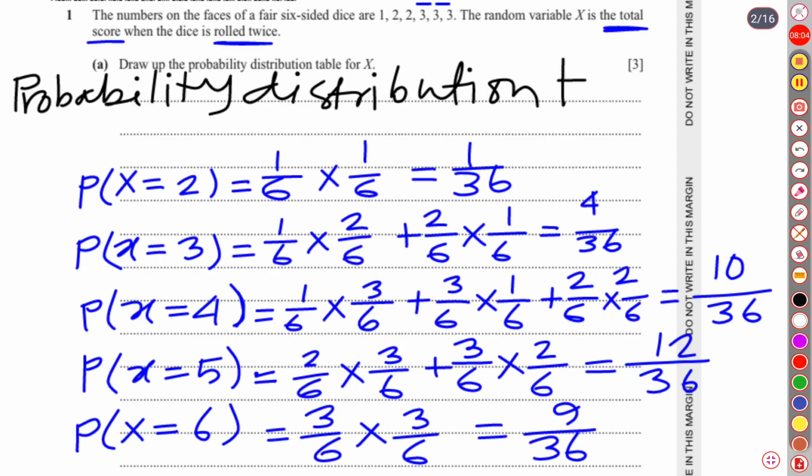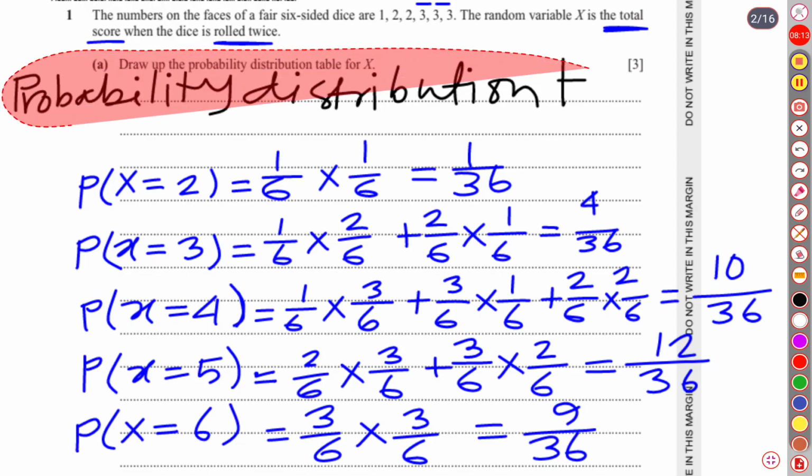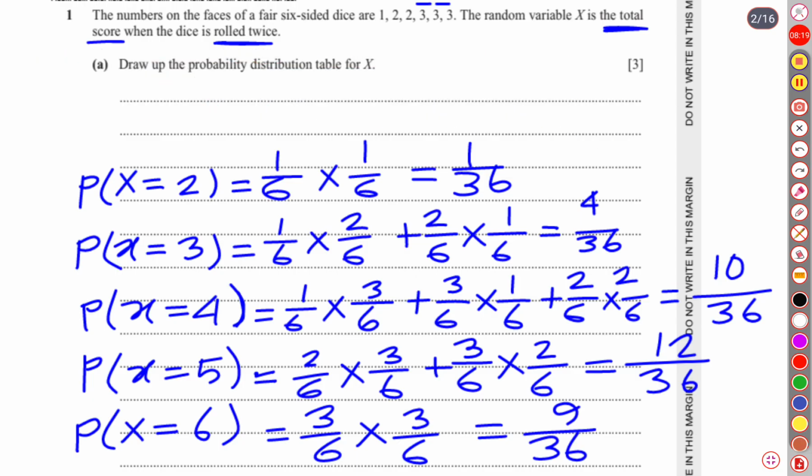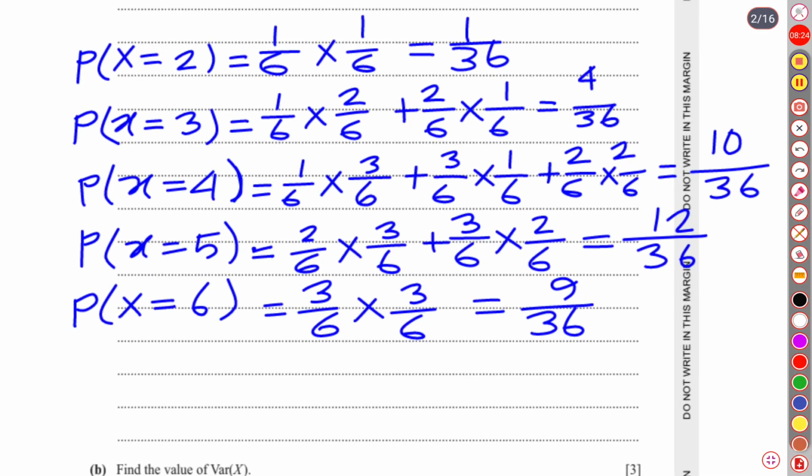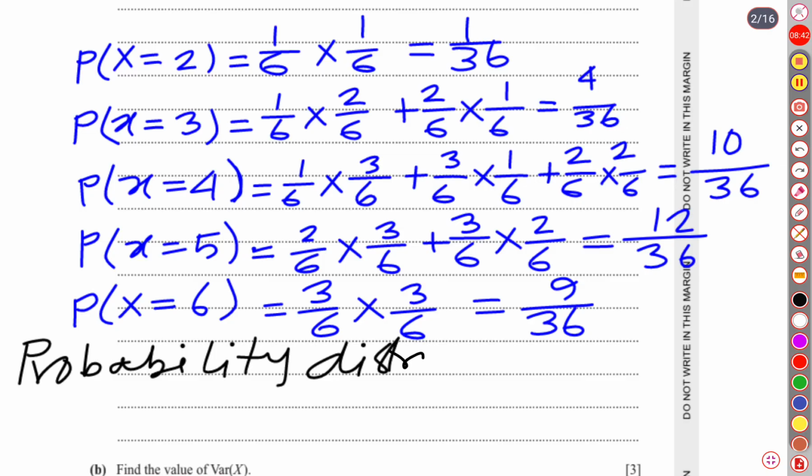I think we can write it just below this, because this space is not sufficient for us to write it here. Let us write it just below this. If we move downward, okay, the probability distribution table.